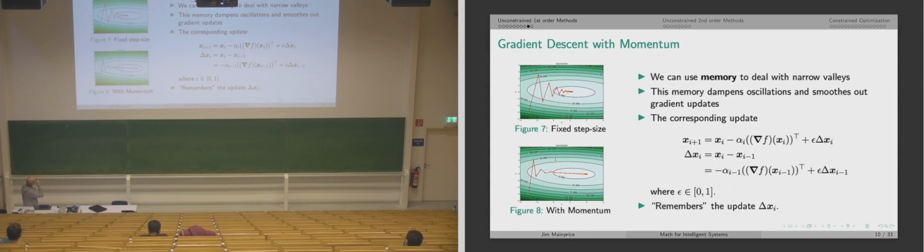So what you can see is that it's linearly combining the update with the previous update and the previous update. And so it's less aggressive in terms of the zigzags. I mean, that's one way to see it.